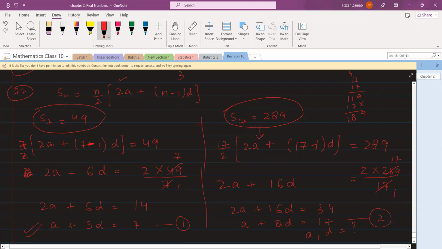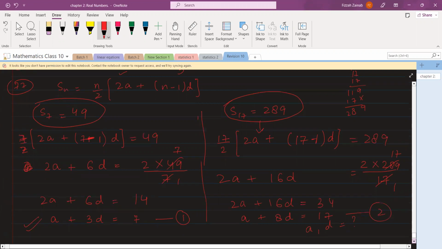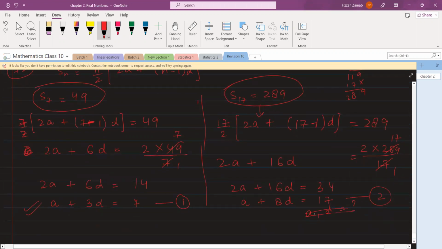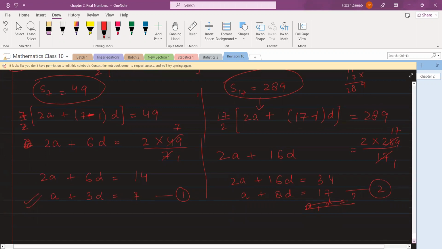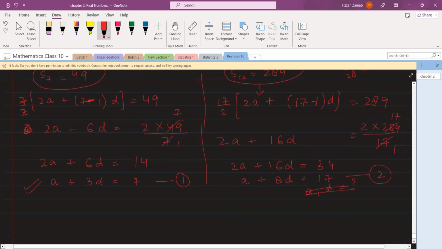Yes, ma'am. Okay. Now you will solve equations number 1 and 2. There are two variables, a and d. So you can just subtract equation 1 from 2 and you will get your a and d. Let's say we are subtracting 1 from 2. Clear? So how do we subtract?